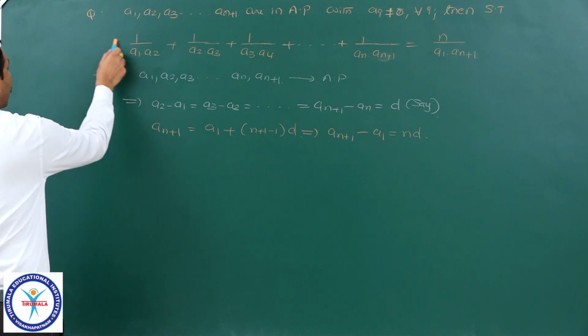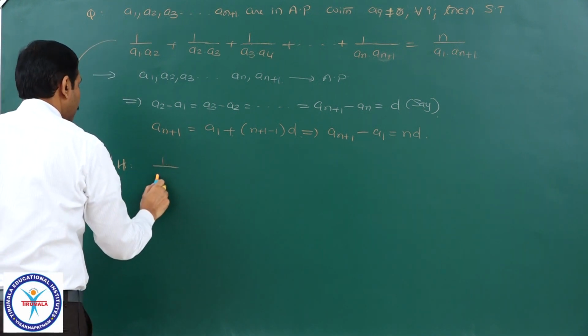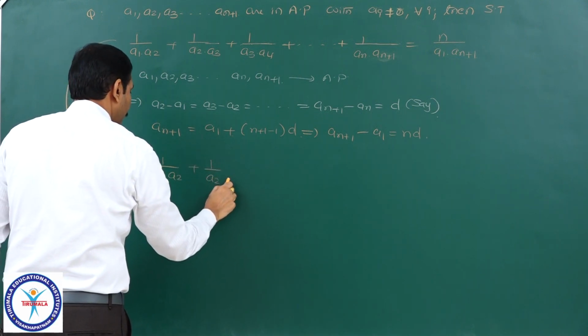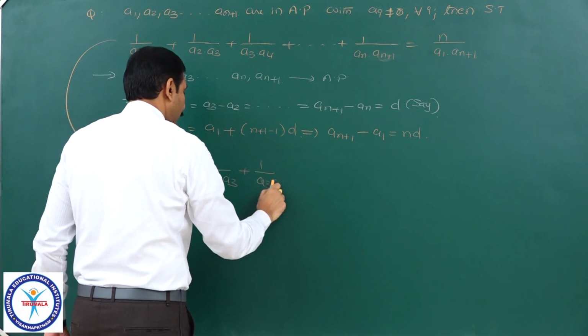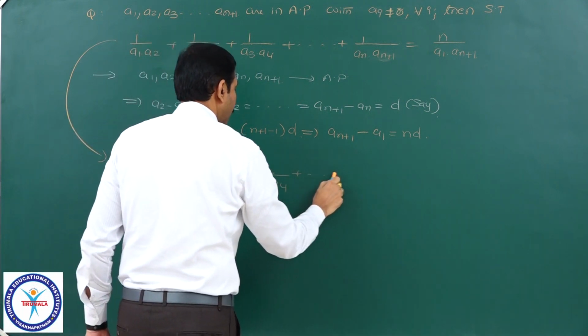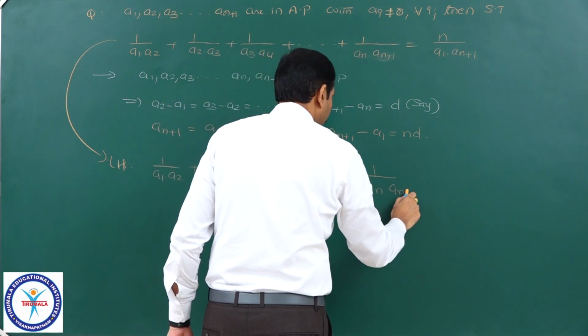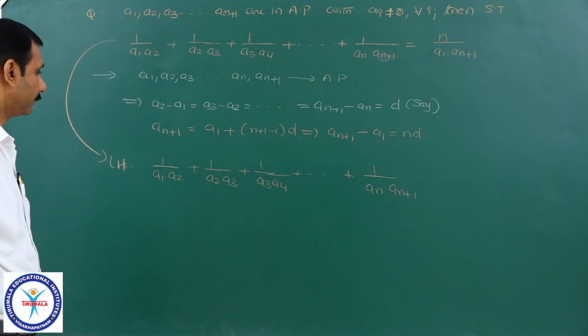Now, take this LHS. What is this? It is 1 by a1a2 plus 1 by a2a3 plus 1 by a3a4 plus and so on, plus 1 by an a(n plus 1). Now you see this.